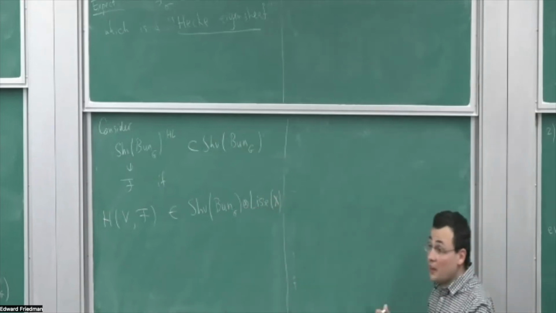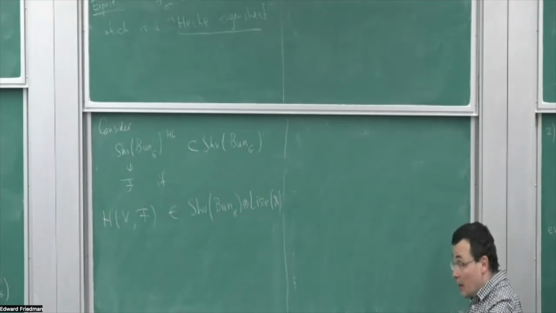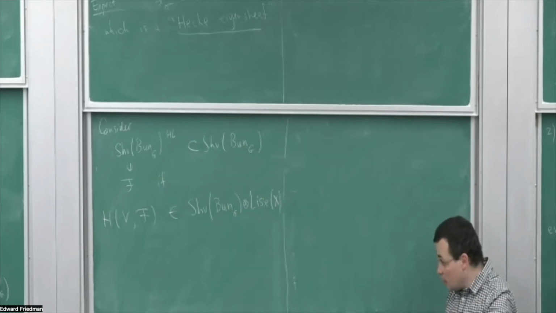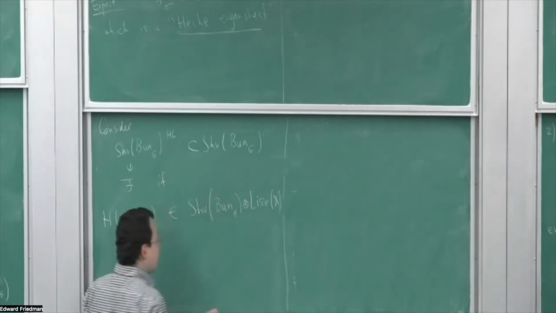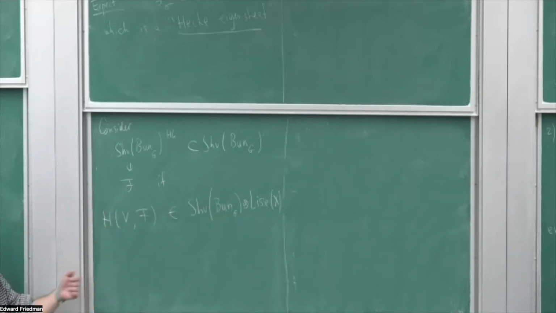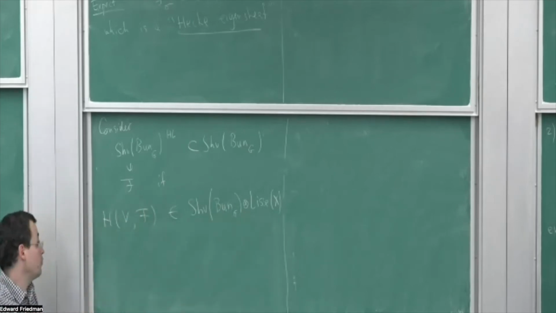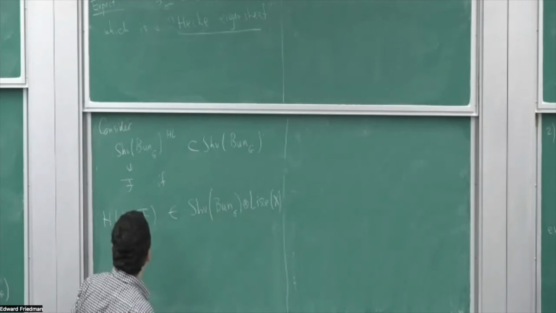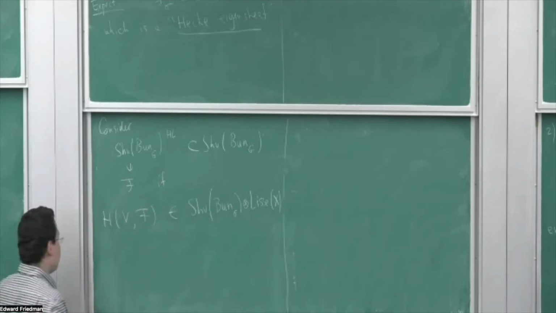So the idea is that as the point moves around the curve, the action is, well, up to homology the same. It involves only the topology of X and not the geometry. So this is going to be the right thing to consider.